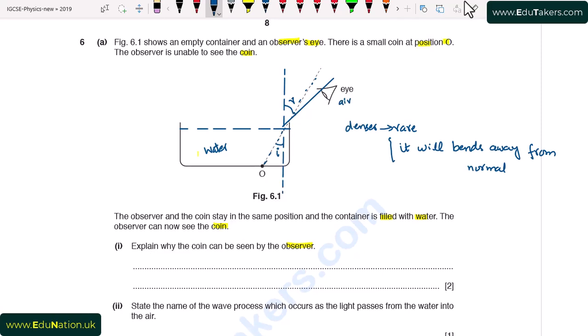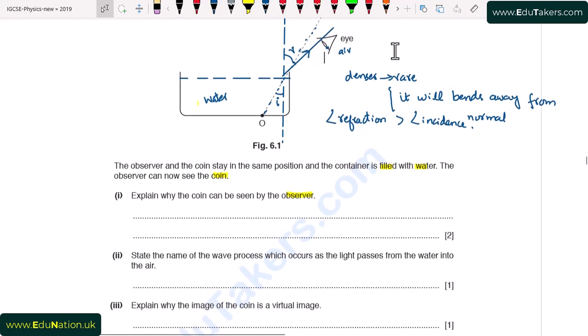So the angle of refraction is greater than angle of incidence. So we can see here that the refracted ray would be closer to the vision of person eye when it was before water present in the container. So this makes the person unable to see the coin.